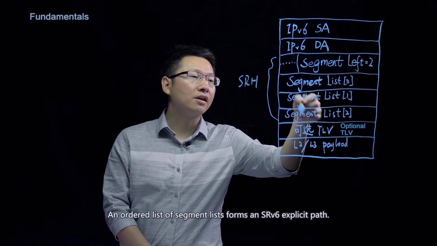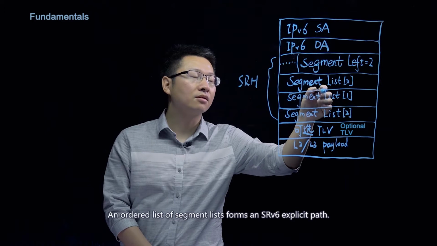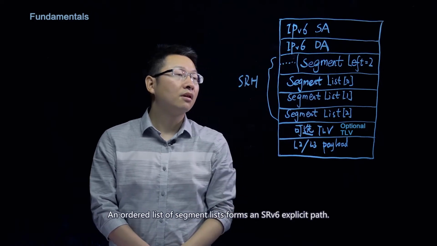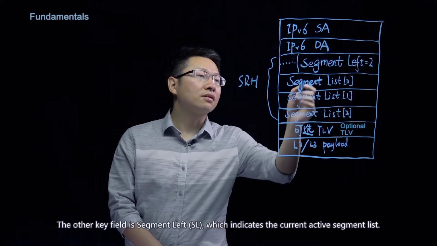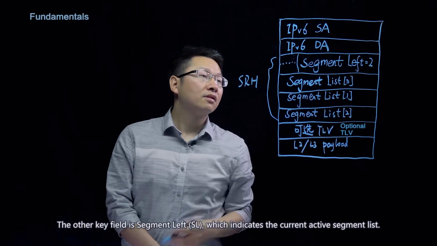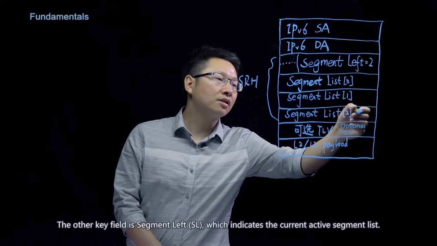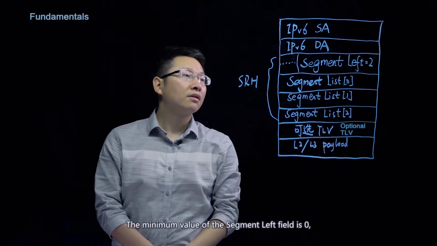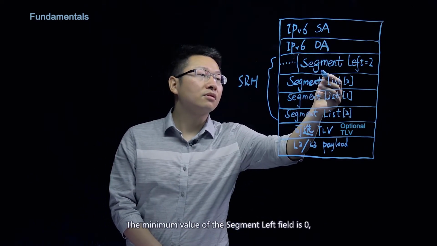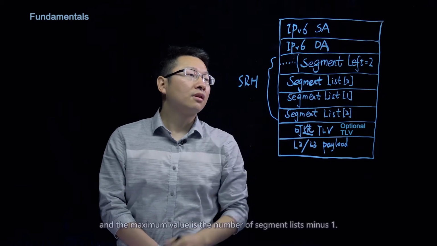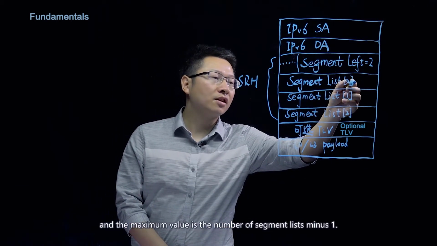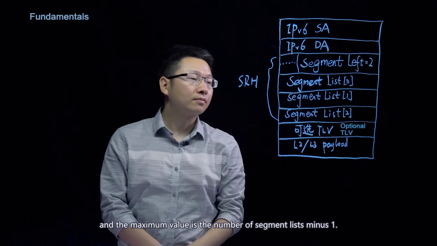An ordered list of segment lists forms an SRv6 explicit path. The other key field is segment left, which indicates the current active segment list. The minimum value of the segment left field is 0, and the maximum value is the number of segment lists minus 1.